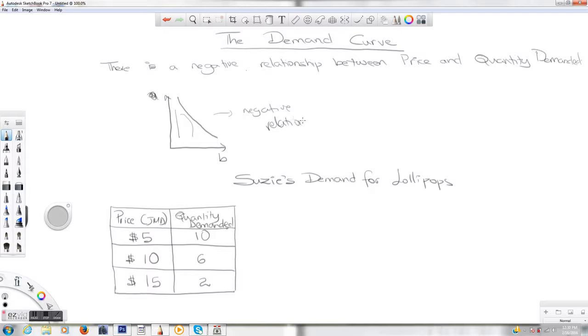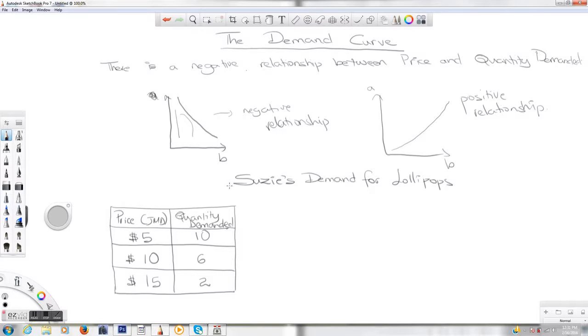But if there's a positive relationship between variable A and variable B, then we'll have an upward sloping curve. And this shows a positive relationship. And that's just a recap of a little math, right? That is applied in economics.